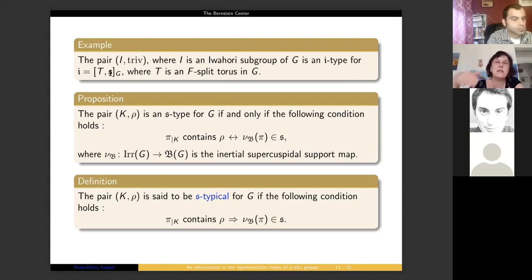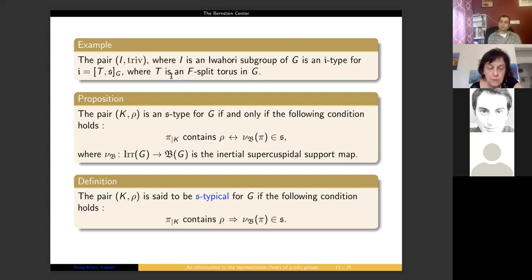In my example of GL_n, it would be just the diagonal torus, and you take the trivial representation of that torus, or any unramified character, so here you have the orbit under the unramified characters. So this is the first example, and in some sense it is a prototype of a type. This example was studied in detail by Borel a long time ago in a paper on admissible representations for semisimple groups, and he has the decomposition of the category in that case.